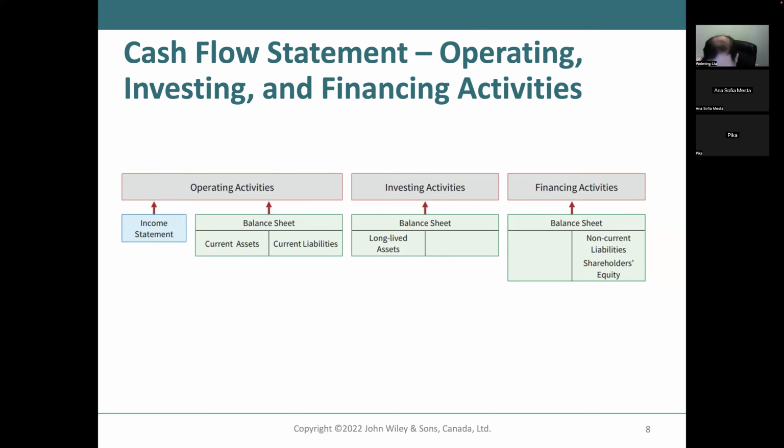That's for the long-lived assets. Financing activity, again, only the balance sheet is relevant, and it deals with the non-current liability and the shareholders' equity. So those are the three activities: operating, investing, and financing.